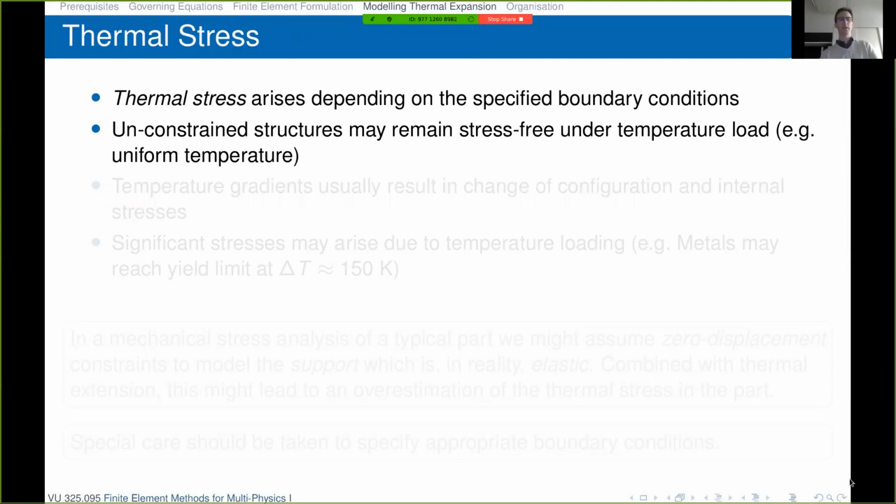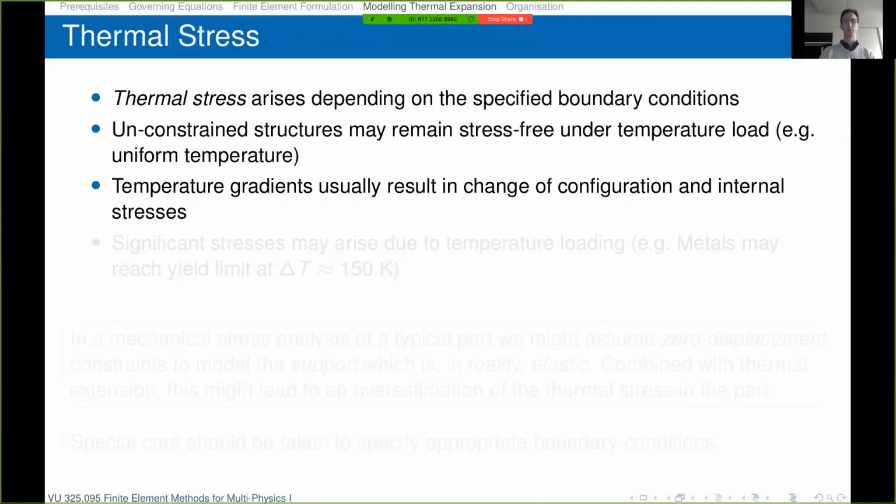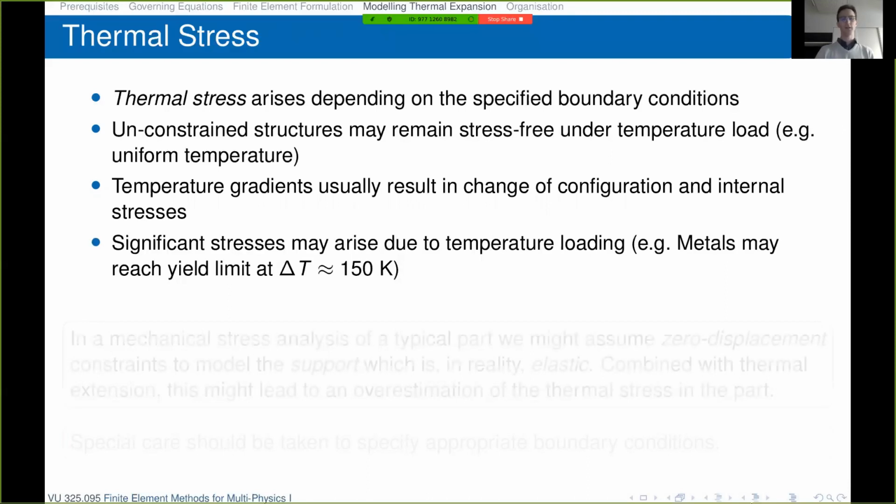Unconstrained structures may remain stress-free under temperature load if it's uniform, for example. But this does not have to be the case. If you have a temperature gradient in your structure, that usually results in a change of configuration and also internal stresses.